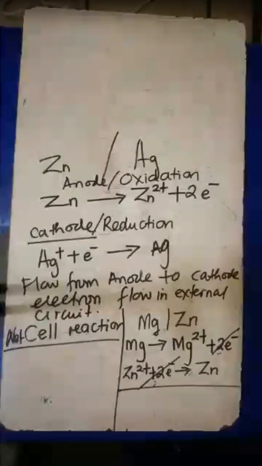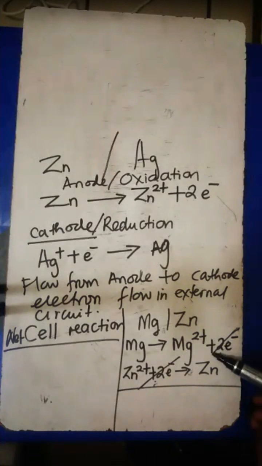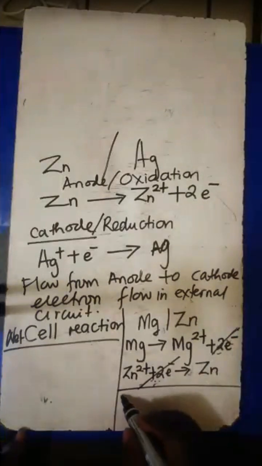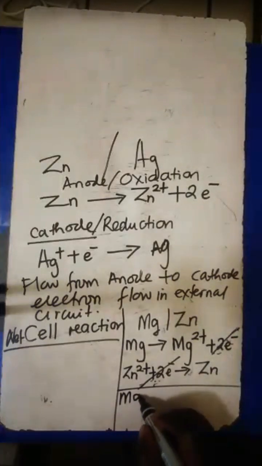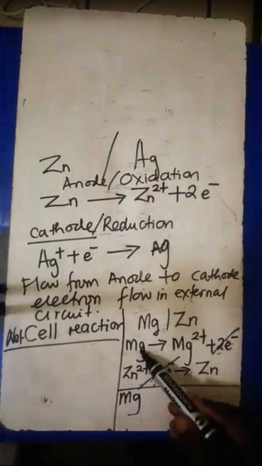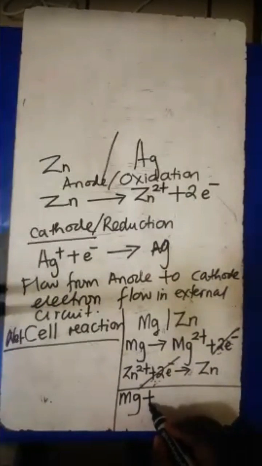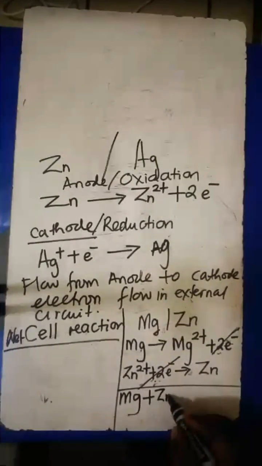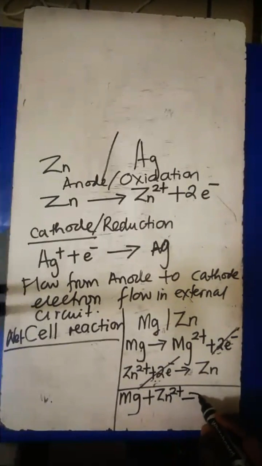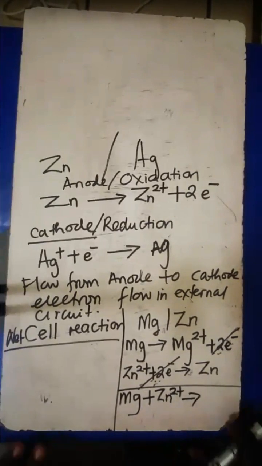Net means you are cancelling because the electrons gained and lost are exactly the same. Now I copy what is on the left-hand side of the first equation, Mg. On the second equation, I am left with Zn2+. The electrons are no longer there because they cancel each other.